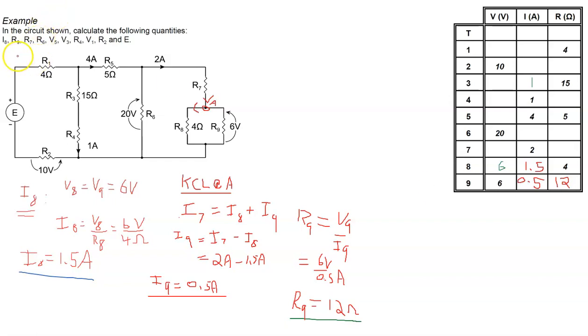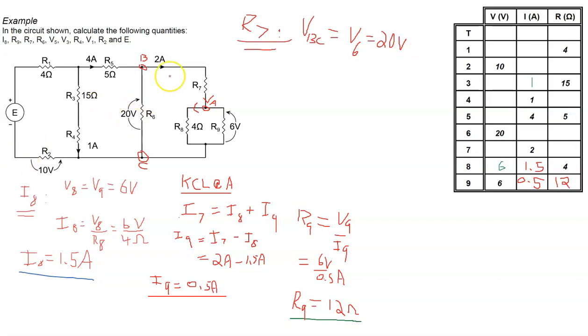Okay, next thing we're asked to find is R7, and so I'm going to move up here now. Okay, so let's think about R7. Well, we know that if I mark this junction here as B, and this junction right here as C, then VBC is equal to V6, which is equal to 20 volts.